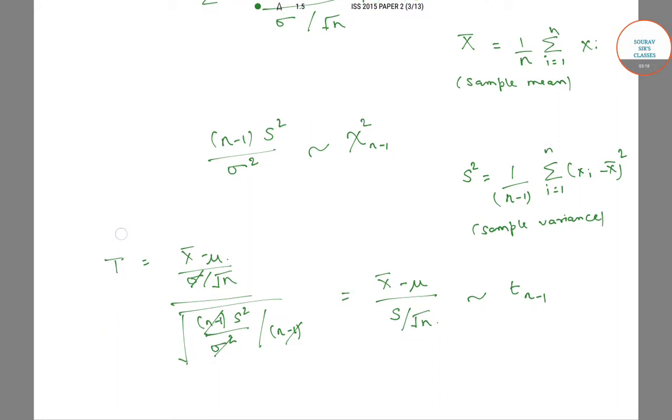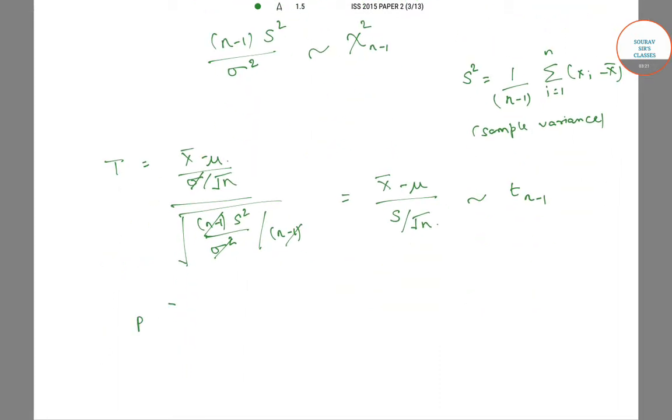So we will have the probability that t is greater than or equal to minus t alpha by 2 comma n minus 1. So the statistic t is greater than or equal to minus t alpha by 2 comma n minus 1 and is less than or equal to t alpha by 2 comma n minus 1.